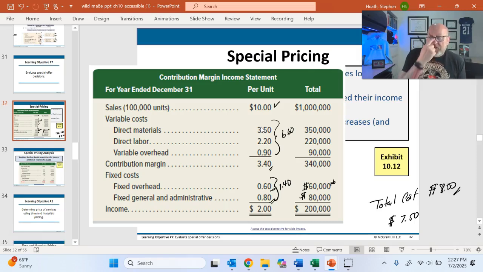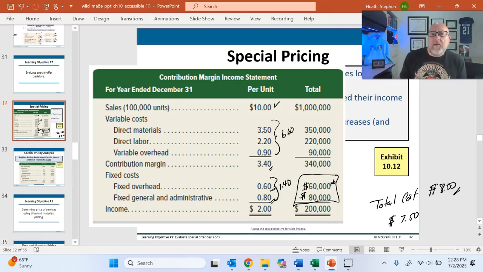However, I was suggesting that there is excess capacity, meaning there's some part of the year where we're sitting around doing nothing. And if we're sitting around doing nothing, whether we accept this order or not, we are going to be incurring our fixed costs. So when I'm thinking about a special order, the only thing I'm really focused on are the incremental expenses of saying yes.